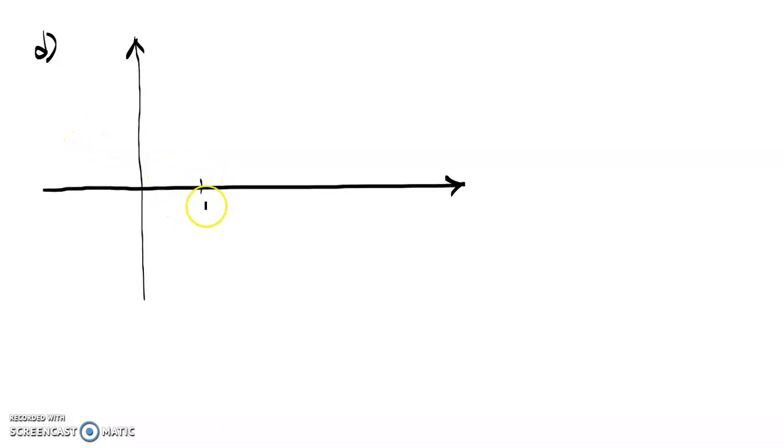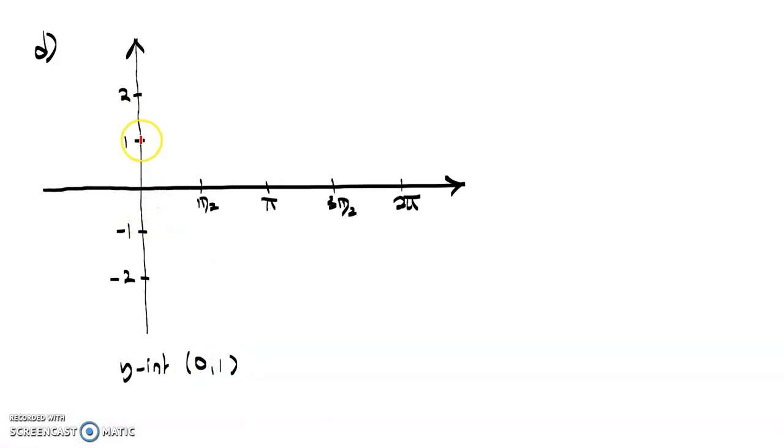So I'm going to go by a scale of pi over 2 on the x-axis, and then with this scale for 1 on the y-axis. We do know, according to part 1, that the curve admits a y-intercept at (0, 1). So that is in fact this point here.